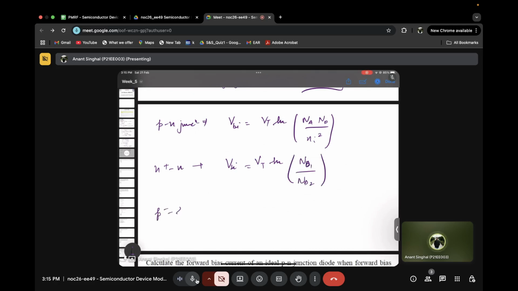And similarly, we also did a P plus P minus junction in which the VBI is VT ln Na1 by Na2, whichever is greater will come up. So this is the summary of all the junctions that we are studying from the previous class. I hope all of this is clear, and this is all applicable only at equilibrium. We have not applied any voltage as of now, and we were at thermal equilibrium in all the cases that we have studied.